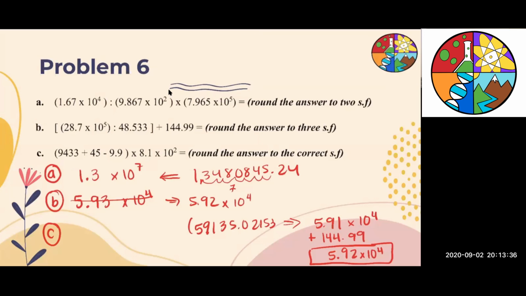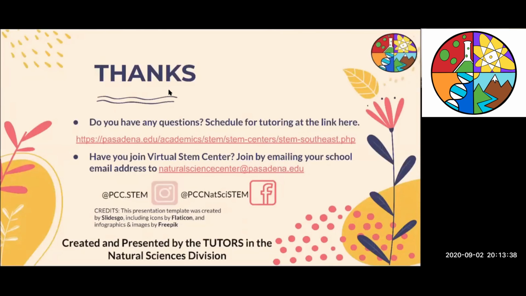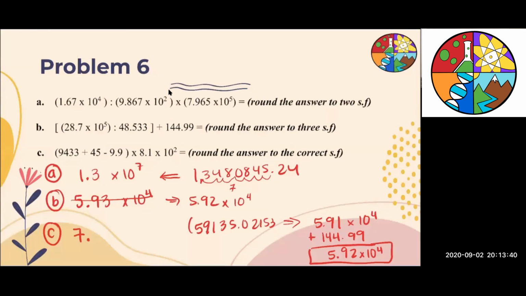Okay, 7.7 times 10 to the 6, right? Yes. Okay, that's the correct answer, because for your final one, you're supposed to end with 2 sig figs. The other number was just a whole number, so there wasn't any difference. Yeah, so that's it for this workshop.